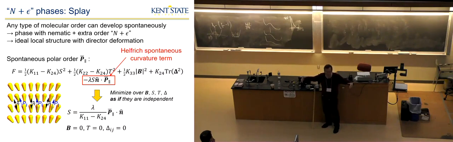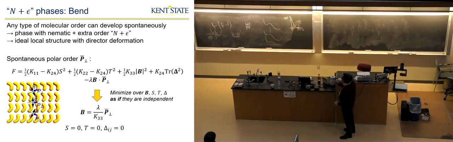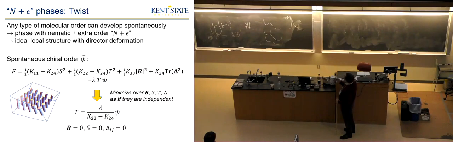Because as I told you before our break, right, that the mean curvature is like a splay, okay? And so this is an interpretation, the sort of liquid crystal interpretation of where does a Helfrich spontaneous curvature term come from. Okay. So that's now bend and splay.